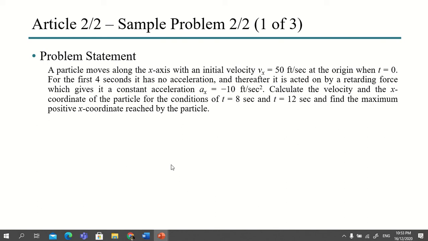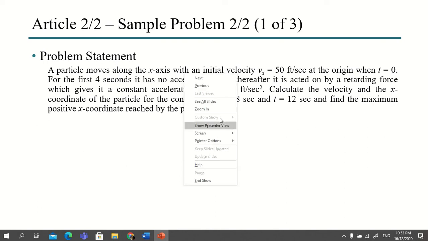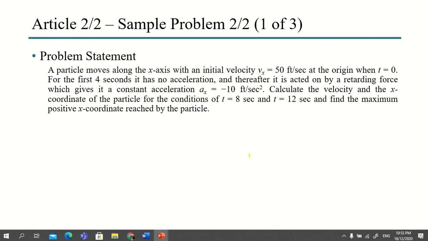A particle moves along the x-axis with an initial velocity Vx equal to 50 feet per second. So initial velocity Vx at the origin when t equals 0.